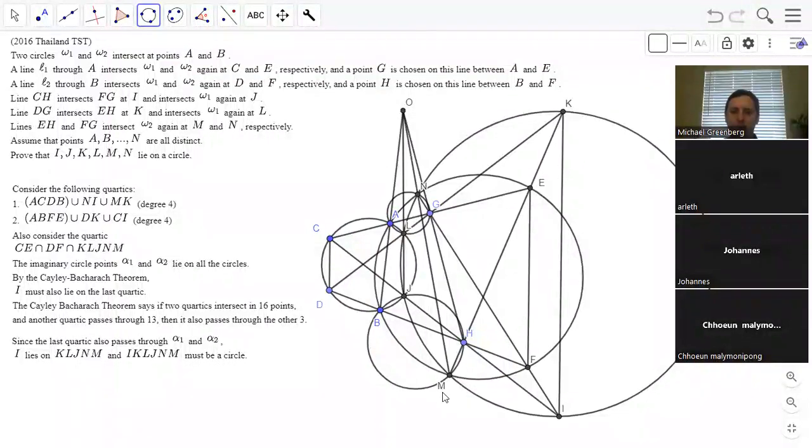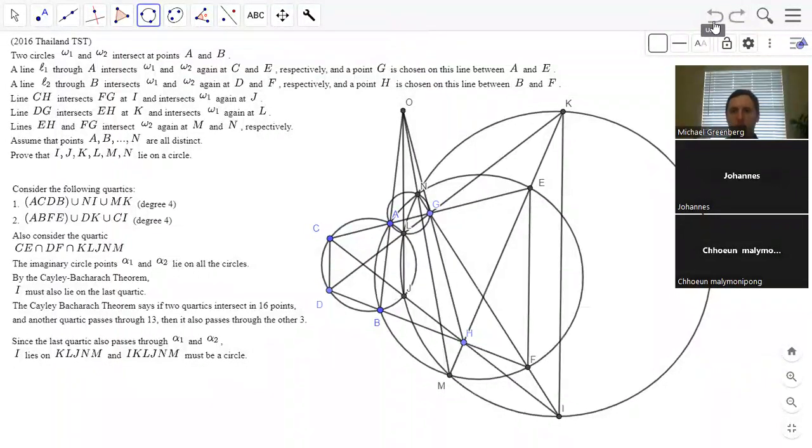But we're assuming that M lies on this circle. That's the thing. So yeah, if we can show JBMH is cyclic, I think that would solve this.